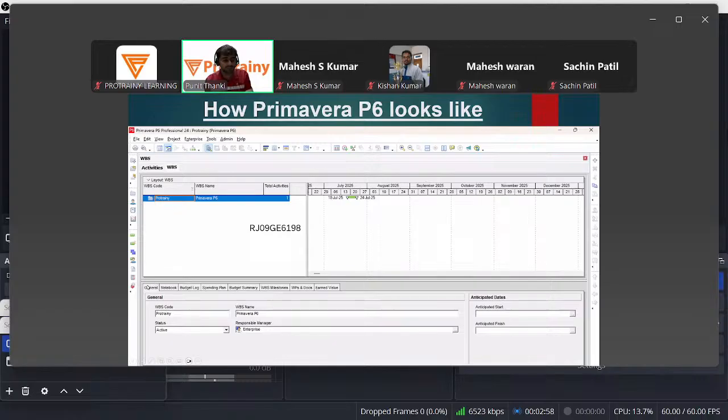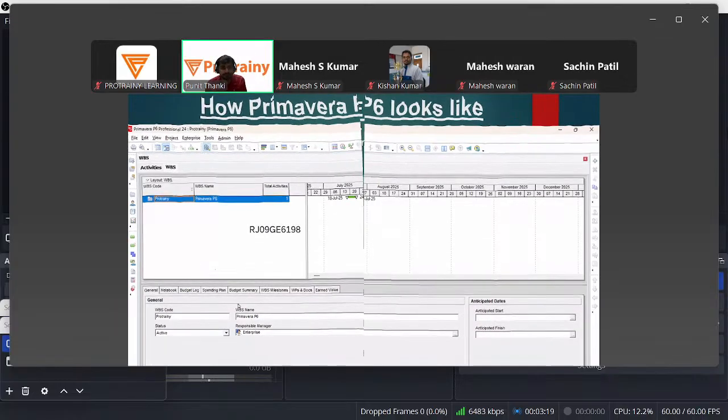And in the bottom, these are the project detail views: General, Notebook, Budget Log, Spending Plan, Budget Summary, WBS Milestone, Earned Value Management, which is a very basic and well-known concept, but it is not possible to cover in this session because the session will take too long. This is how Primavera looks.